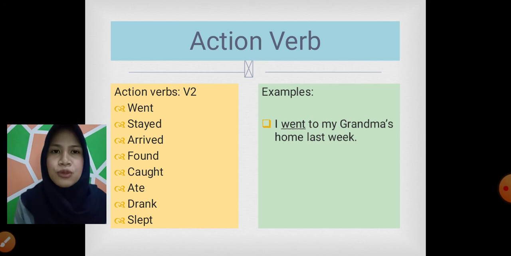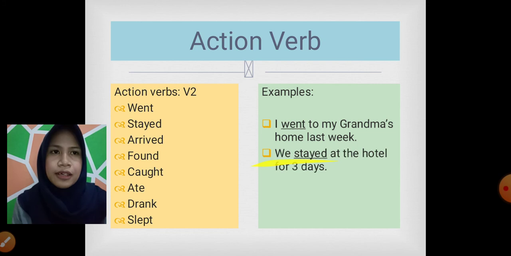Okay, you have to know the words beforehand. The example, I went to my grandma's home last week. We use went because went is verb two. The verb one is go. This is an action verb. Went is an action verb. The second, we stayed at the hotel for 3 days. Stayed indicates an action verb. This is a regular verb because it uses ed at the end of the word stay. Okay. Do you understand?